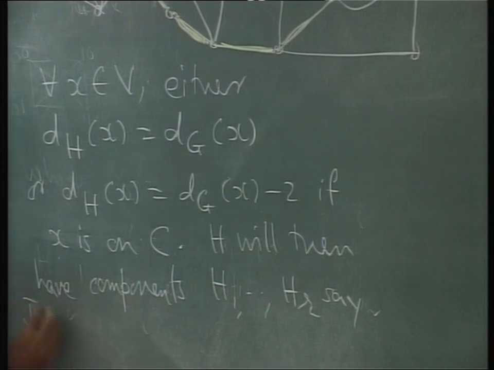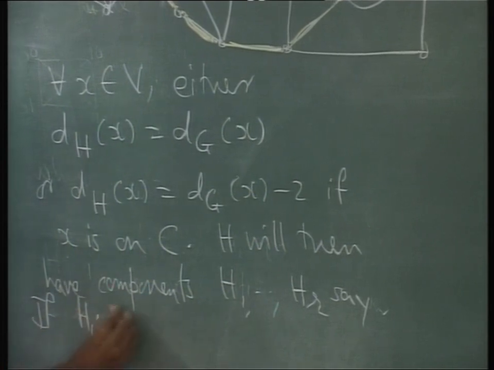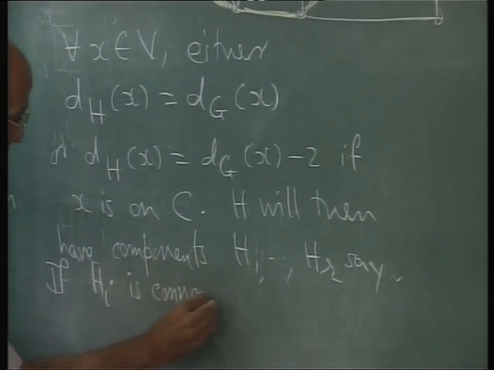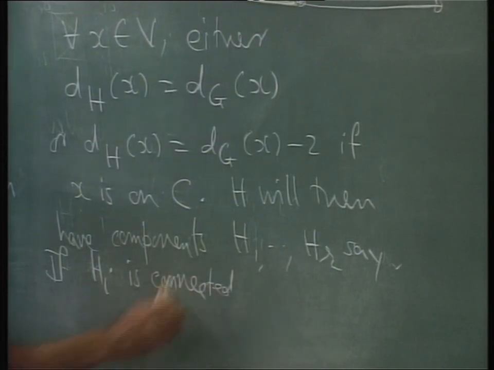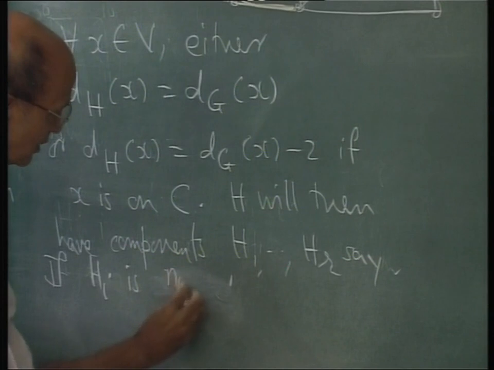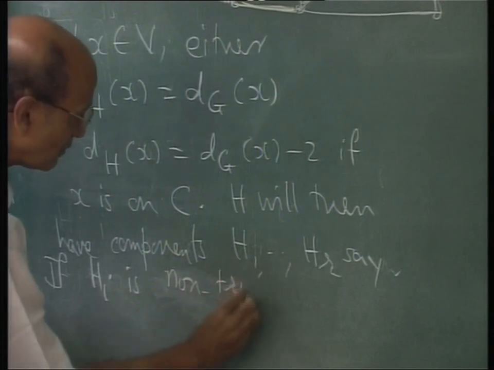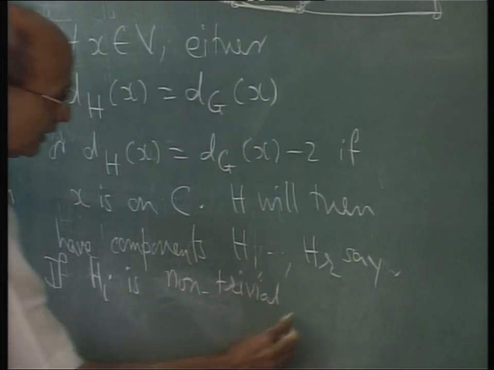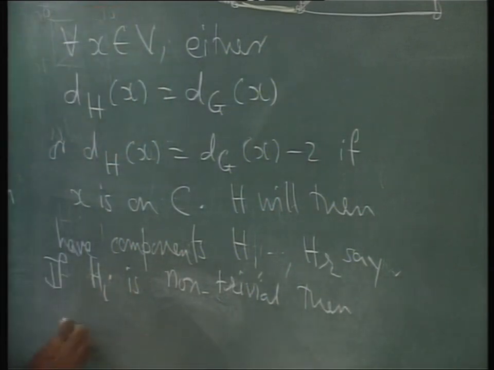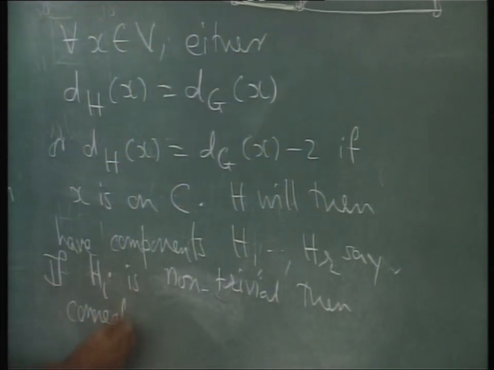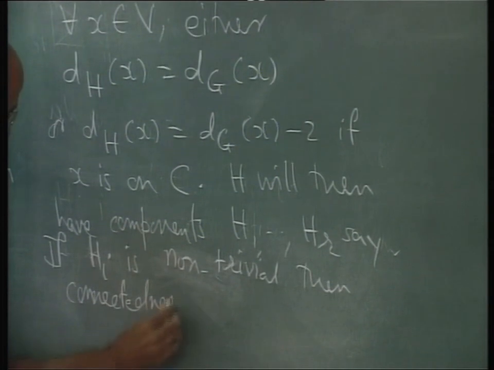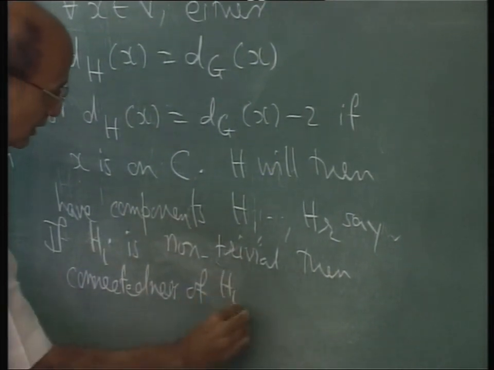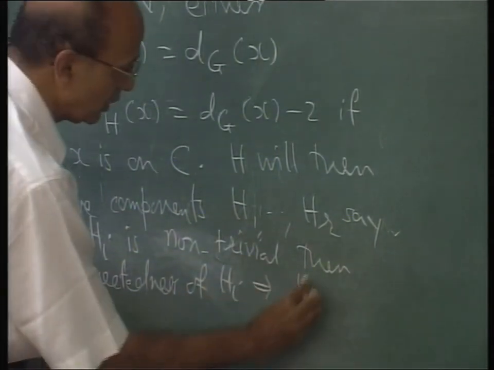if Hi is connected, each Hi is of course connected. If Hi is non-trivial, then connectedness of Hi implies that Hi has an Eulerian circuit.